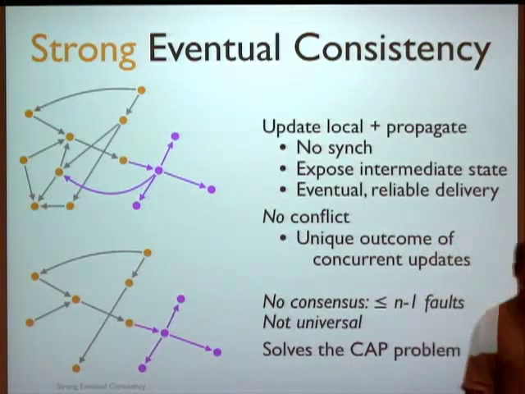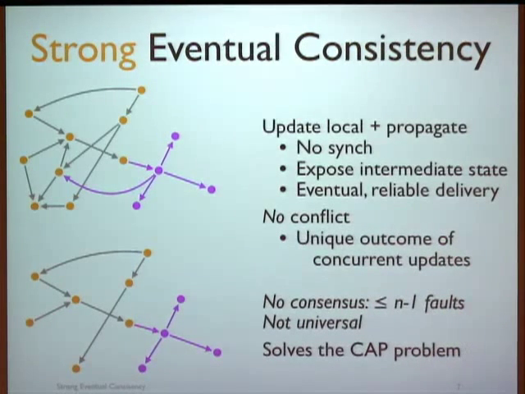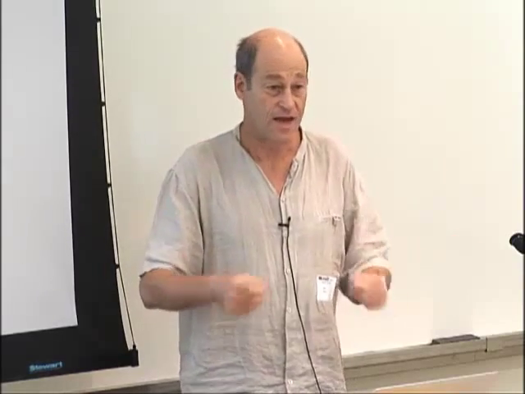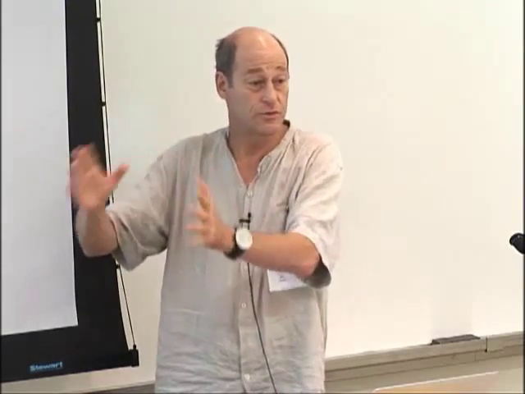So I'm not going to try to do any sort of consensus. I'm just going to say I have a deterministic outcome for any conflict. So basically, I'm getting rid of conflicts. Right? There are no conflicts anymore. Any kind of update is allowed, and I just have some recipe to get out of bad situations.